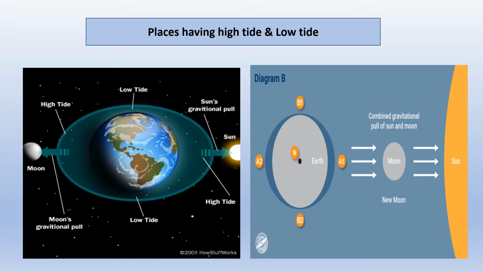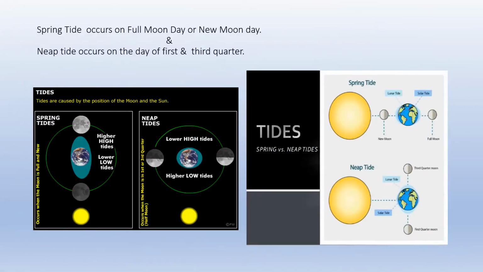After knowing this, let us study some important types called spring tide and neap tide. The diagram here explains the position of the sun, moon and the earth. On the full moon day or new moon day, the sun, moon and the earth are in a straight line.